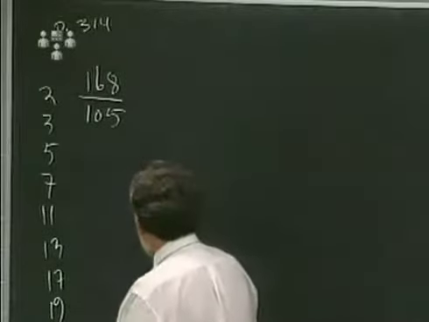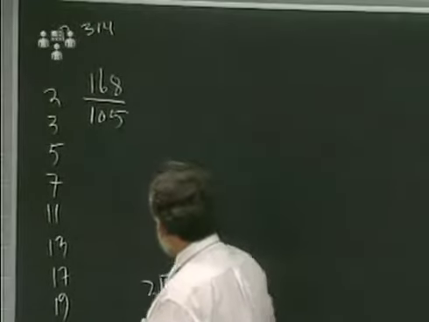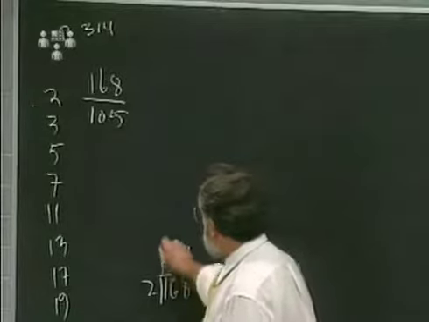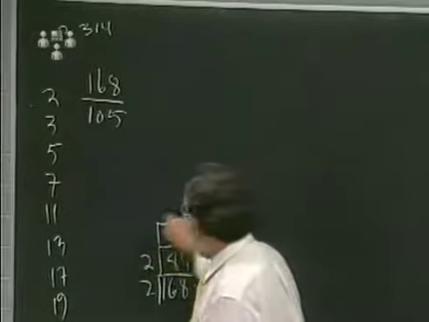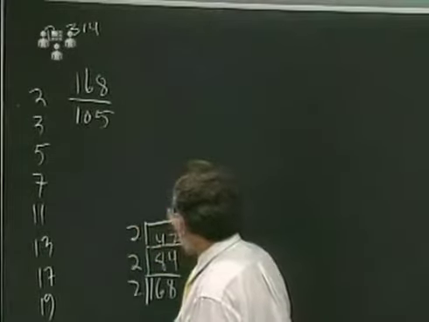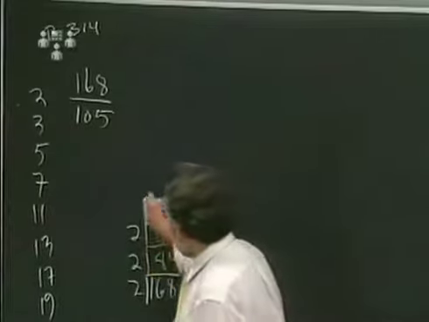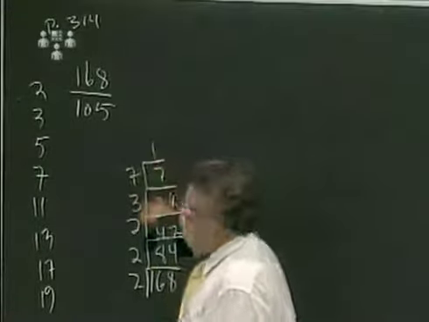This is just a review. We take a 2 into 168, and that's going to go in 84 with short division. We do a 2 again, short division again at 42, a 2 again, and that becomes 21. I cannot do the 2 at that point. I go to the 3, I get the 7, and when I get to the 1, I know I'm done.